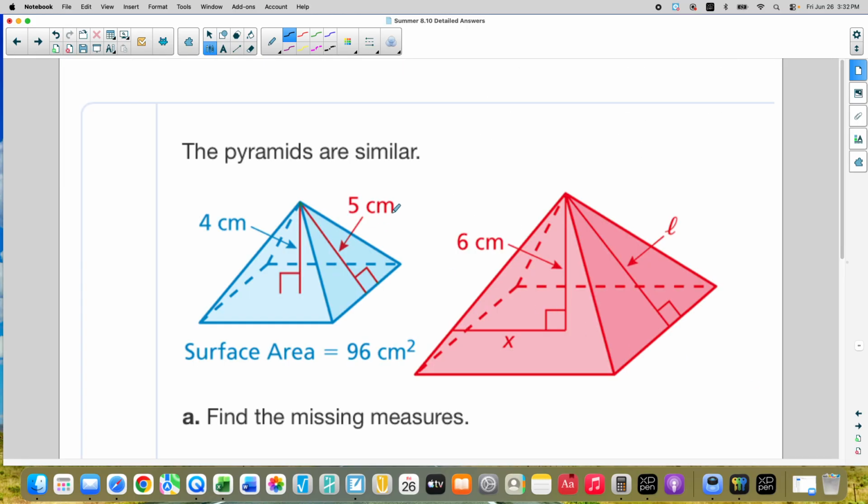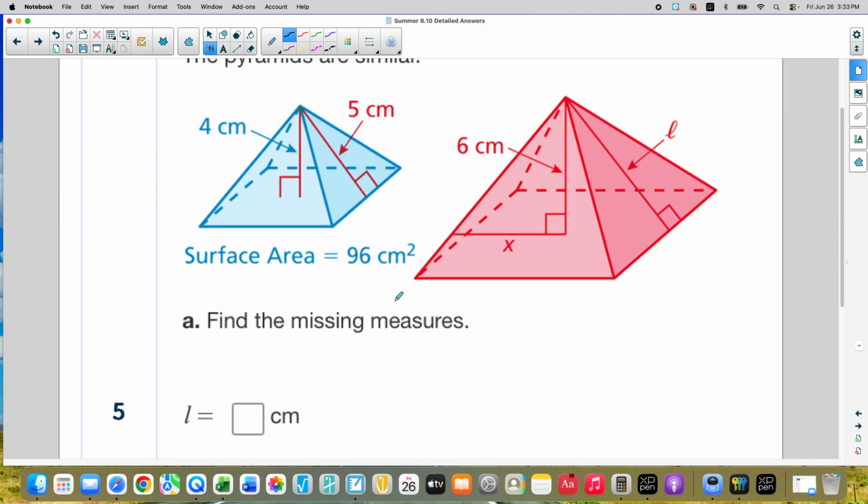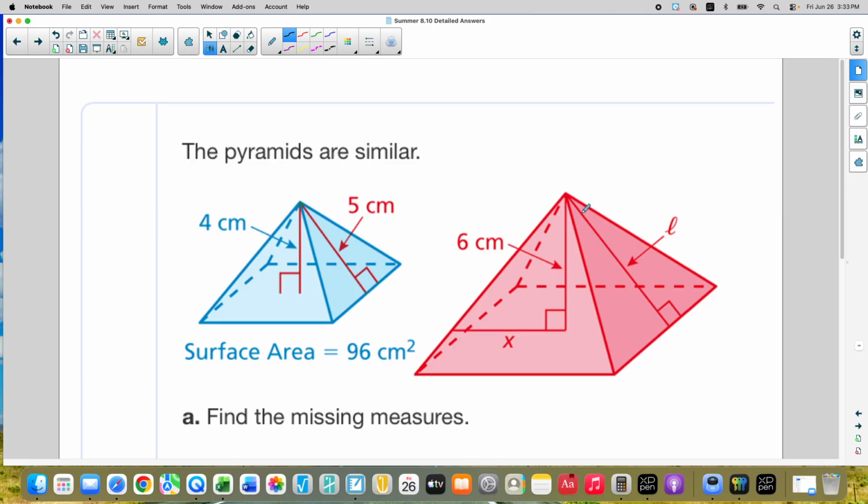The pyramids are similar. Okay, that means their corresponding parts are going to be proportional. Find the missing measures. The length, that's the slant height, is going to be proportional. So what do we know? These correspond with each other.